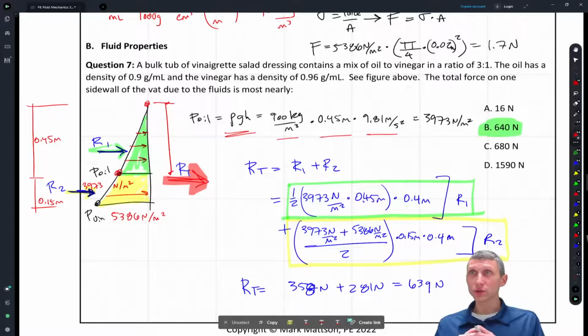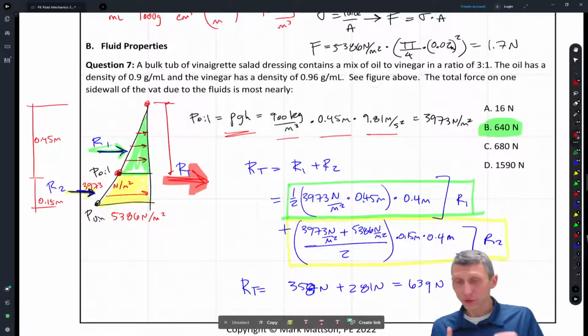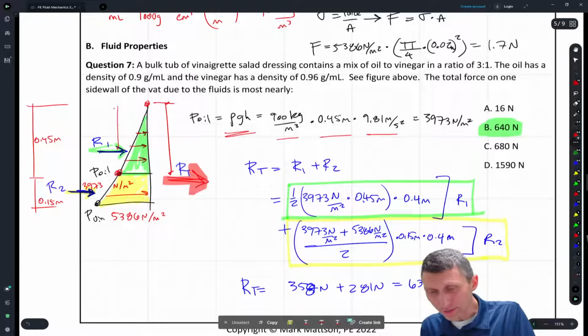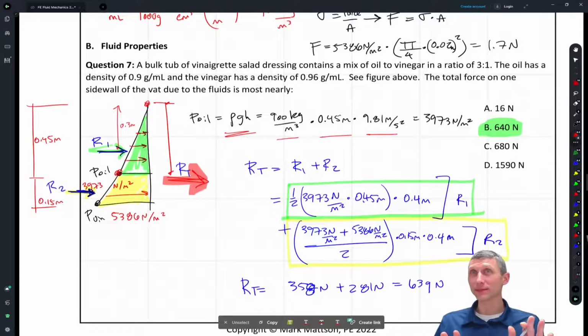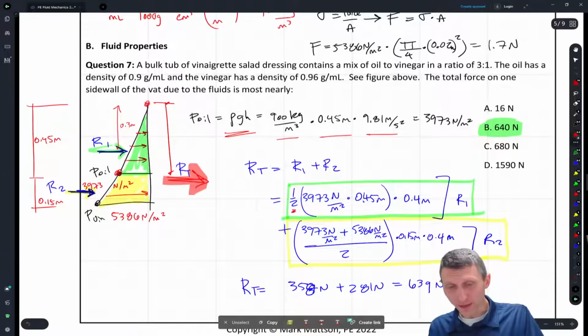Good question. So 2/3 H1. It would be. So this height of this would be 0.3 meters. But I didn't actually look for that height. I don't really care about that height in this problem. So I'm not taking 1/2 for the height. I'm taking 1/2 because it's a triangle.